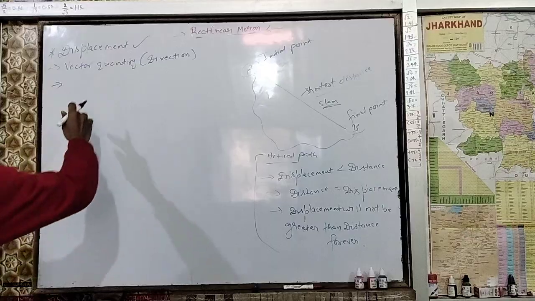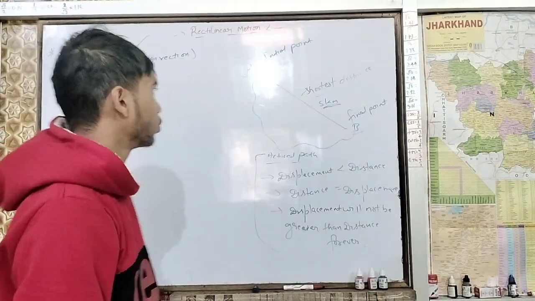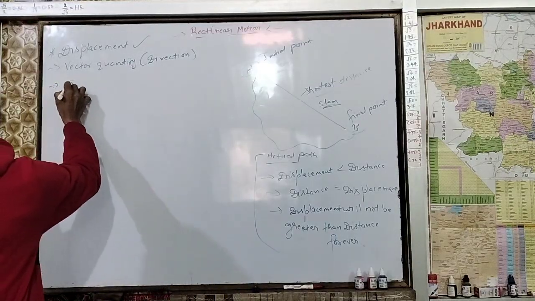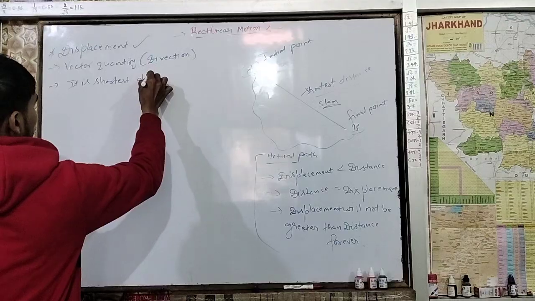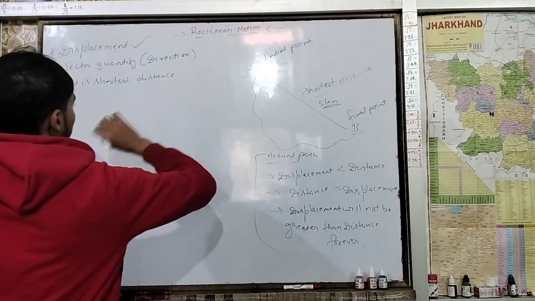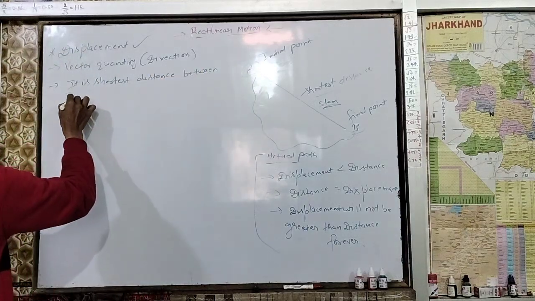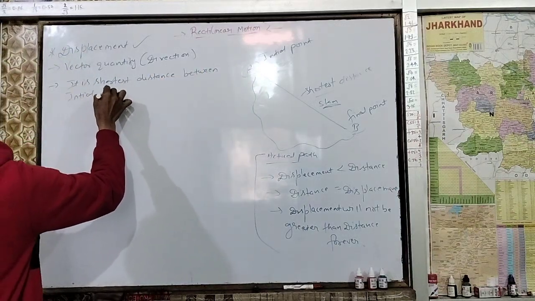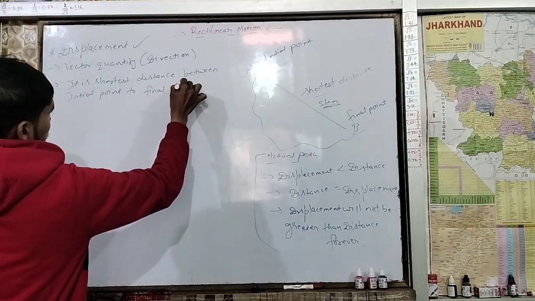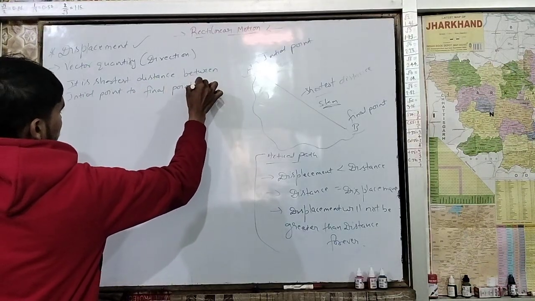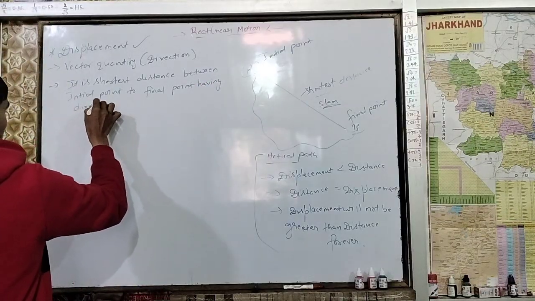So how to define this in one sentence? Displacement, how to define? I would say it is the shortest distance between the initial point to the final point, having a direction.